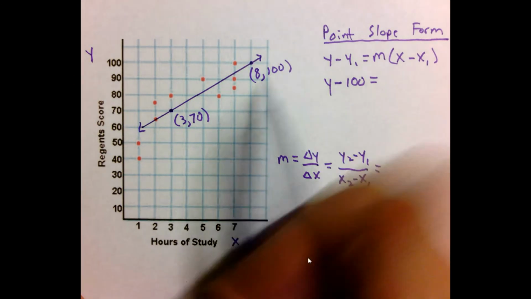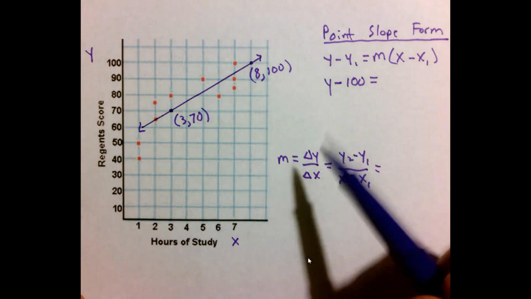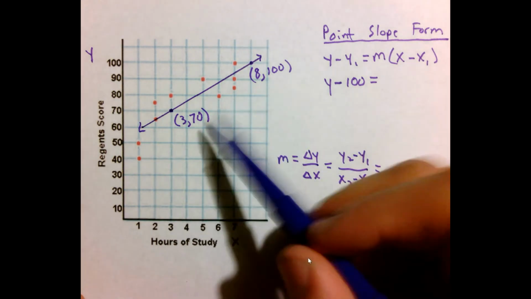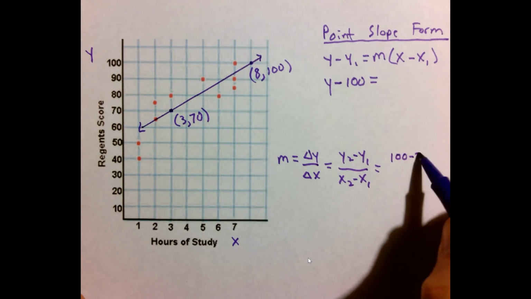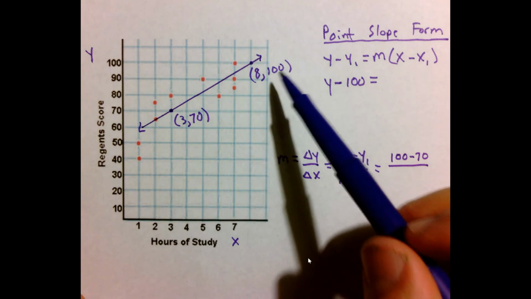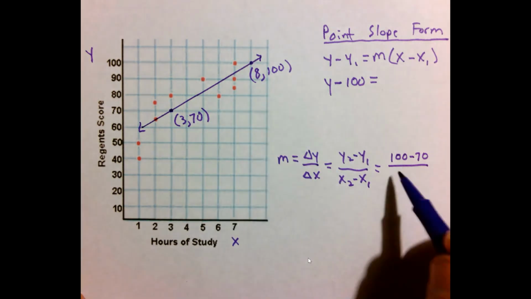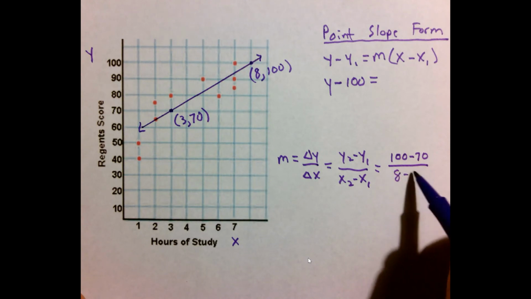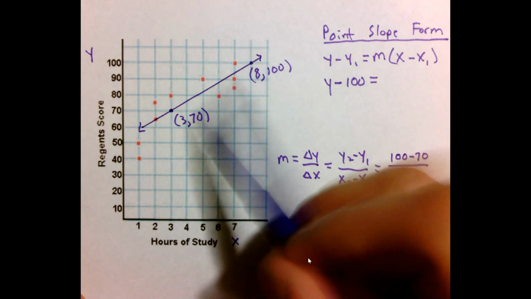So in this case, I can use these points. y2 minus y1, I will take 100 minus 70. It doesn't matter which point you call y2 and y1, provided you do it in the same order. Since I did 100 minus 70 in the numerator, I should do 8 minus 3 in the denominator, x2 minus x1. 100 minus 70, 8 minus 3.